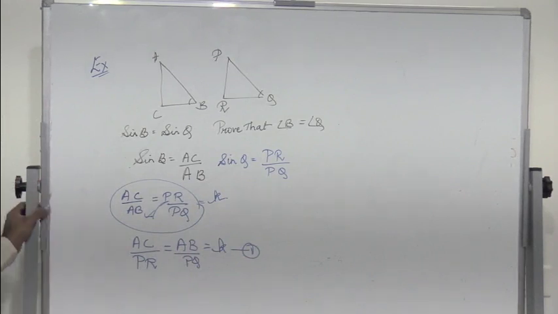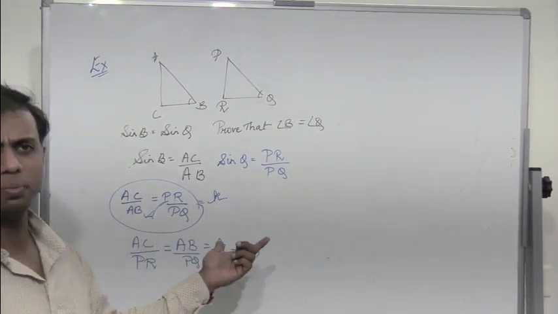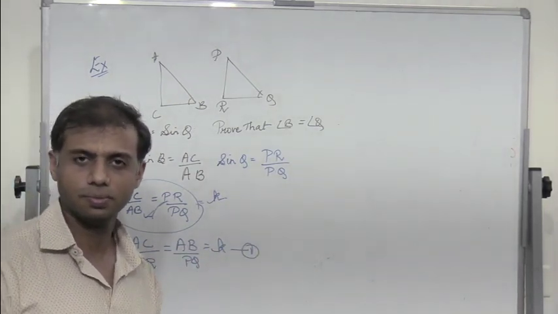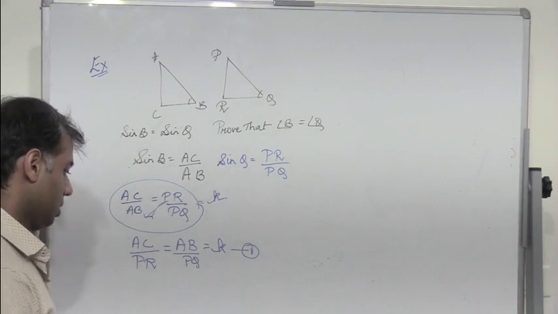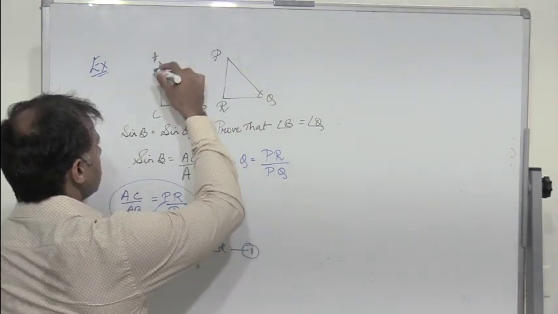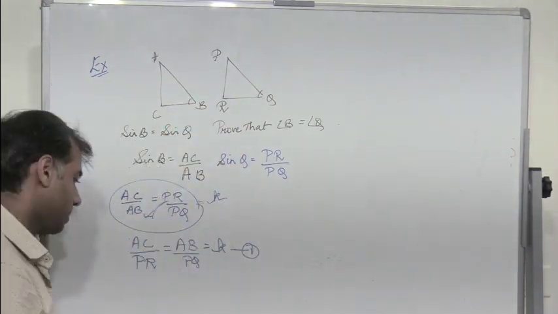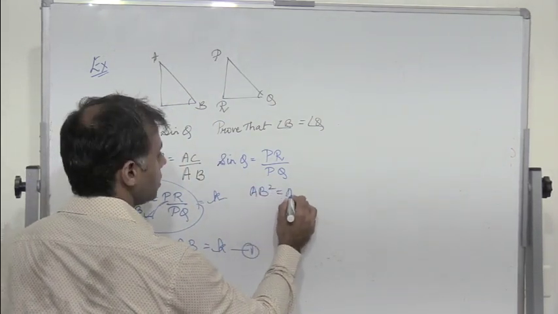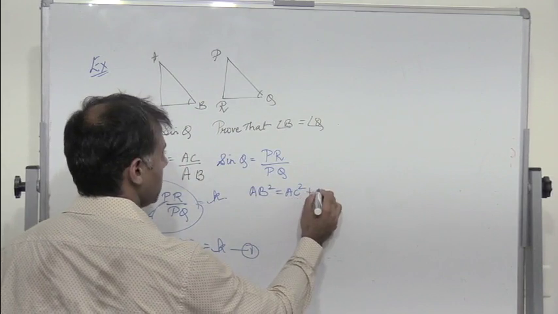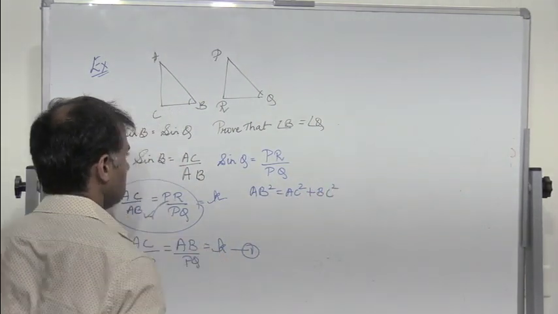So the ratio still remains the same, and this ratio is equal to k, a positive value. Let me call this 1. Now this forms a right angle triangle, so by using Pythagoras Theorem, I have AB square equals AC square plus BC square.